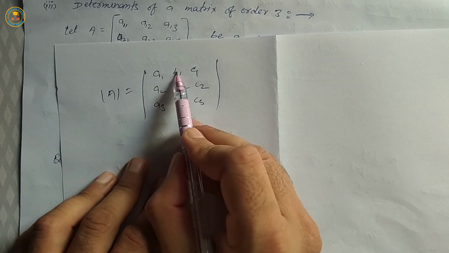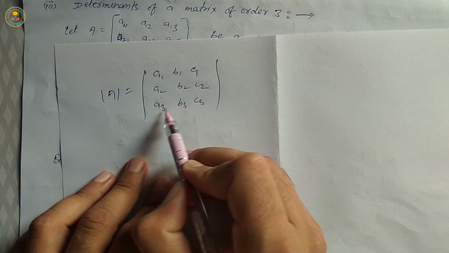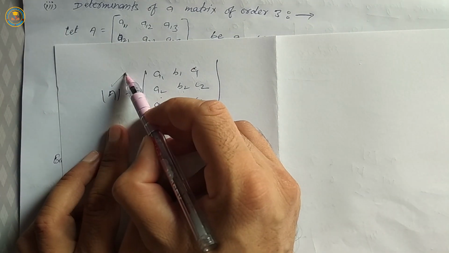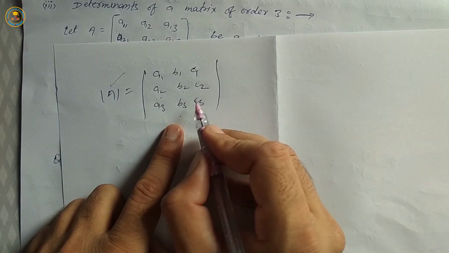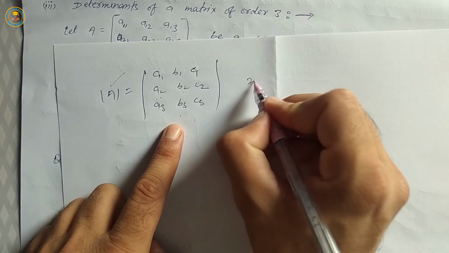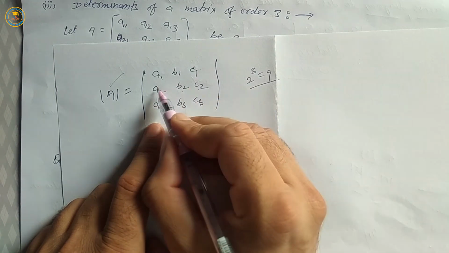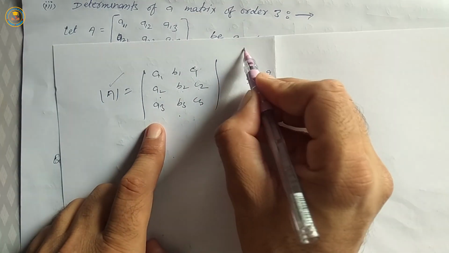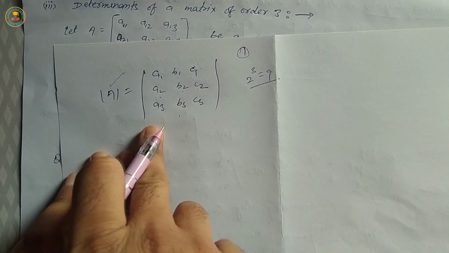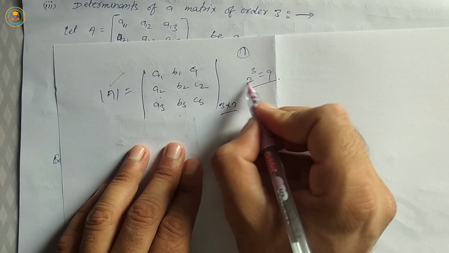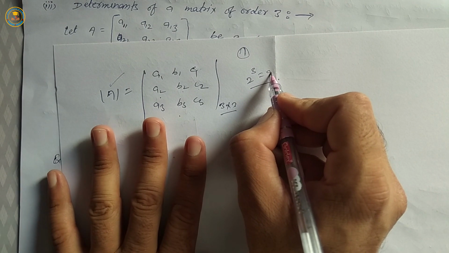The numbers A1, B1, C1, A2, B2, C2, A3, B3, C3 are called the elements of determinant A. A determinant of order 3 by 3 contains 3 squared is equal to 9 elements.